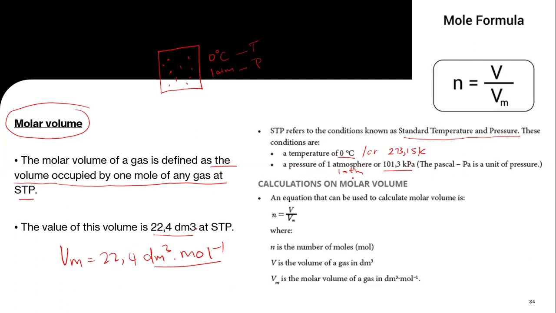So when they talk about this pressure and this temperature, just know that they are talking about the standard temperature and pressure. I'm saying this because maybe at some point they will ask you to calculate the number of moles at the temperature of 0 degrees Celsius and 1 atmosphere. Sometimes they're not gonna say calculate the number of moles at STP. They can say calculate the number of moles at 0 degrees Celsius and 1 atm.